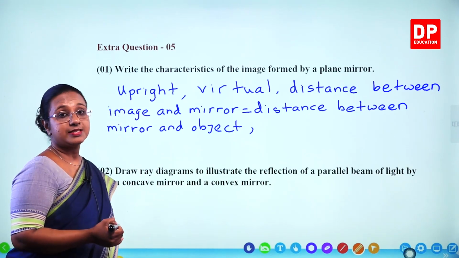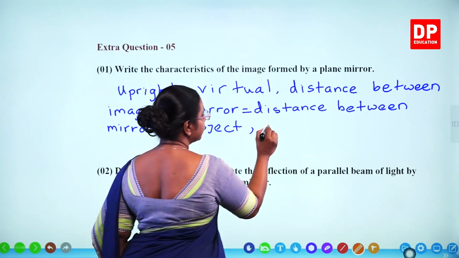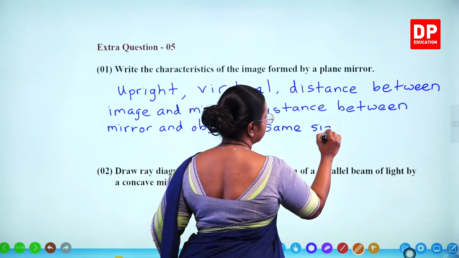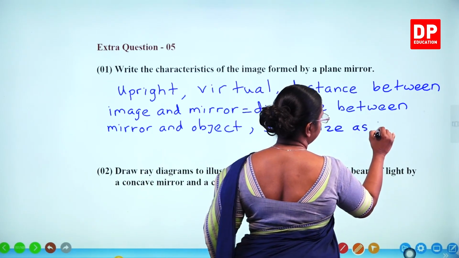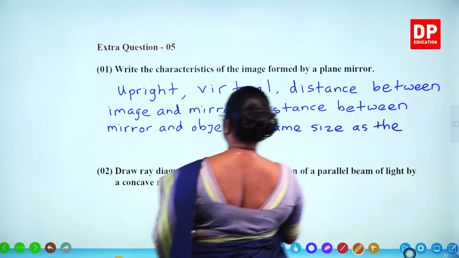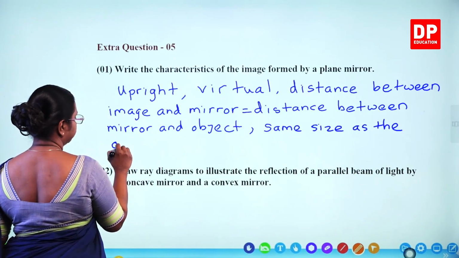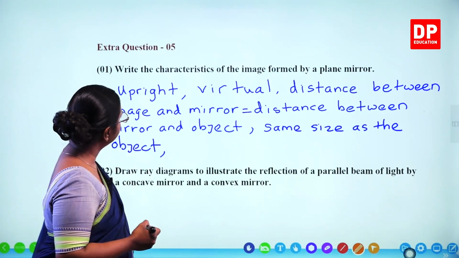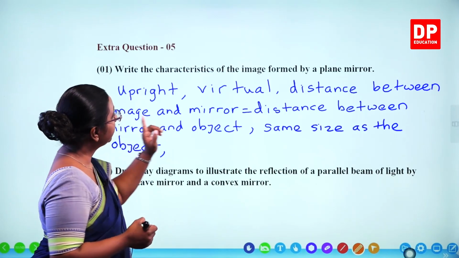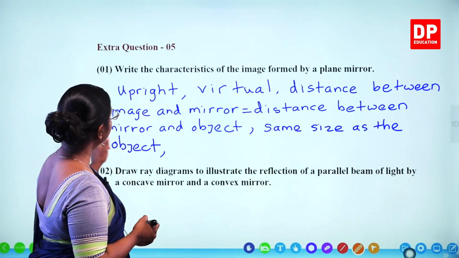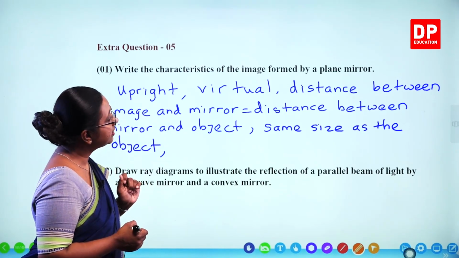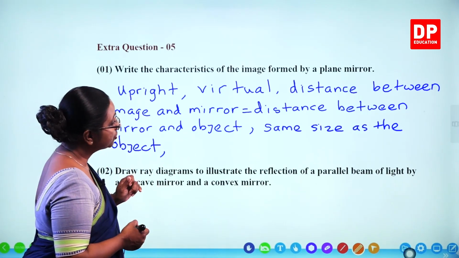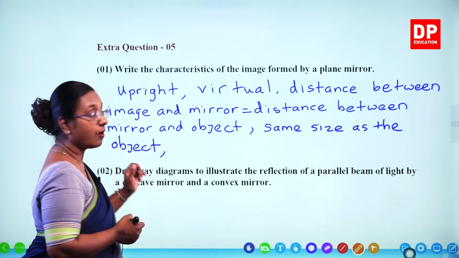What about the size? It's the same size as the object. Same size as the object. Let's see. Have we written everything? Upright, virtual, distance between image and mirror is equal to the distance between the mirror and the object, and also it is the same size as the object.